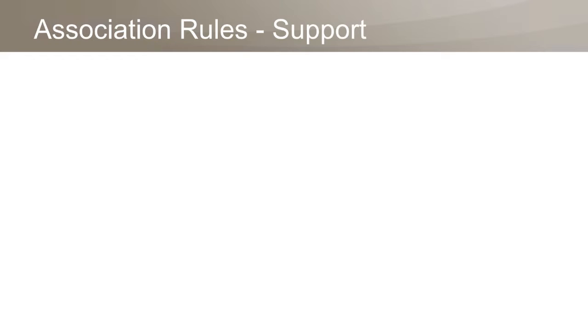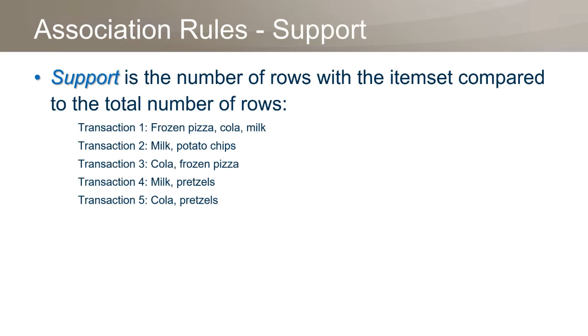Now, after this initial introduction, let's go and start developing the algorithm. First thing we can define is support. It's the number of transactions with the item set compared to the total number of transactions.